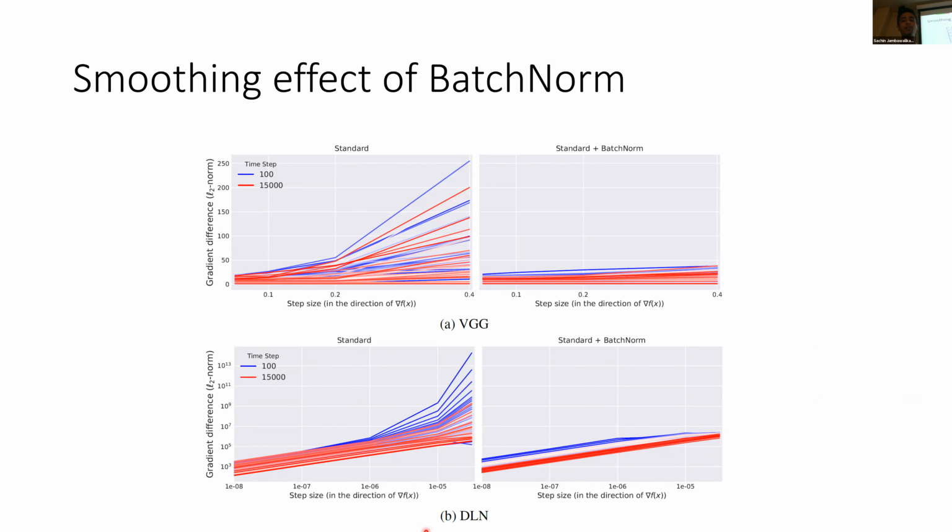Then in both VGG and DLN, it seems that without batch normalization, if you are using a higher rate, so the step size is high, then in a small subspace window, you have a very large gradient change. Whereas with batch normalization, even if you have a very high rate per step in the same subspace, the rate of change is very low.